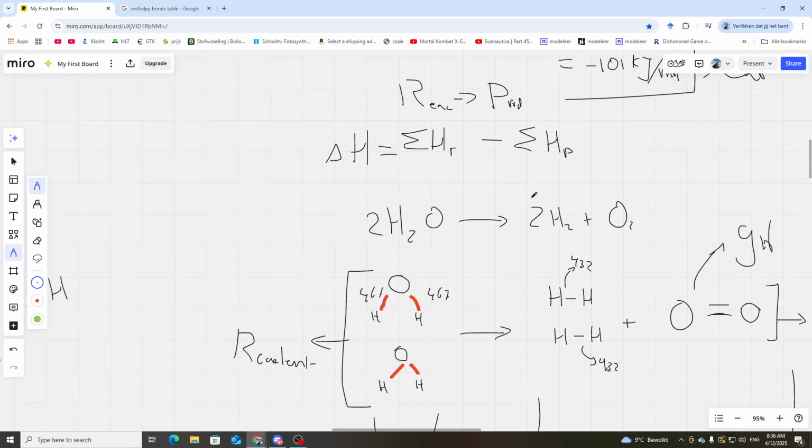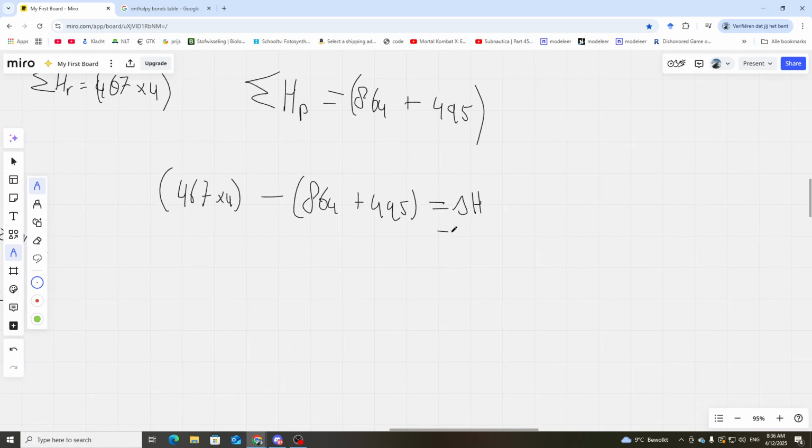This is our formula. So what does that answer give us? Our answer should look something like, and again, correct me if I'm wrong, 509 kilojoules per mole.